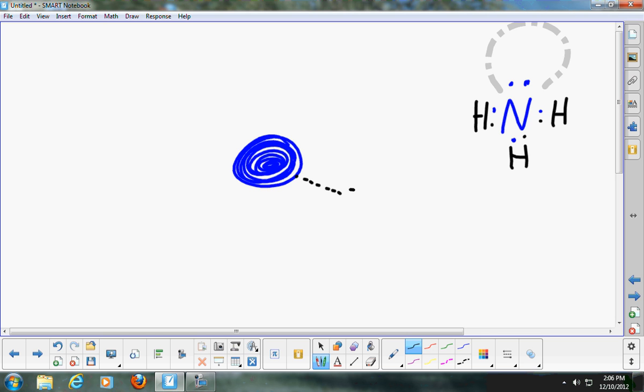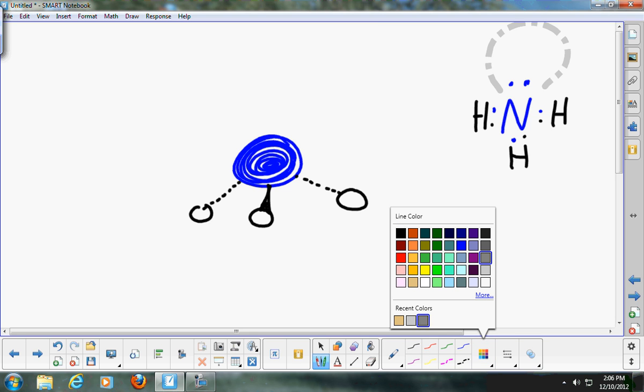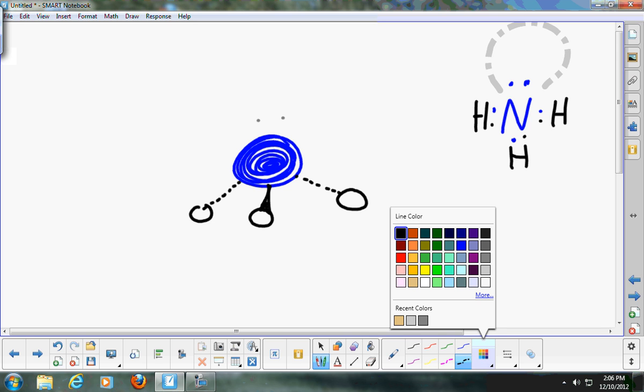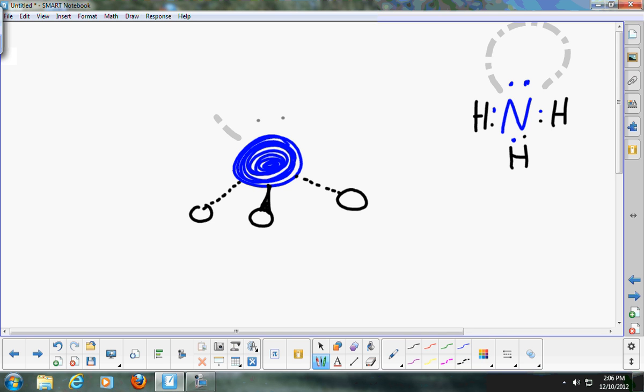No, short bonds work best. Then we also have 2 unshared electrons up here that actually scare the other angles closer.